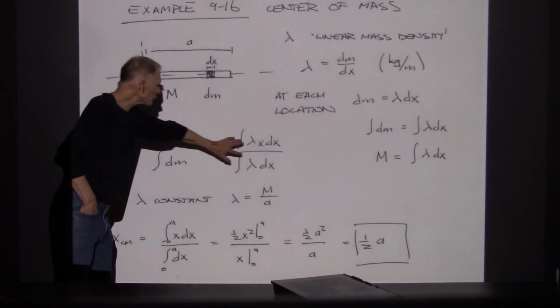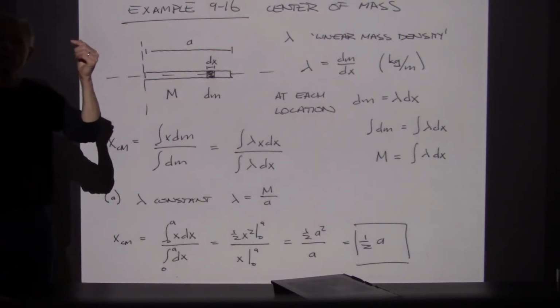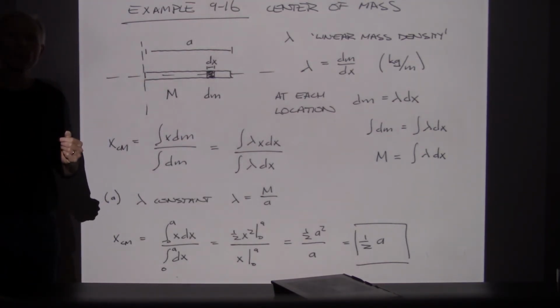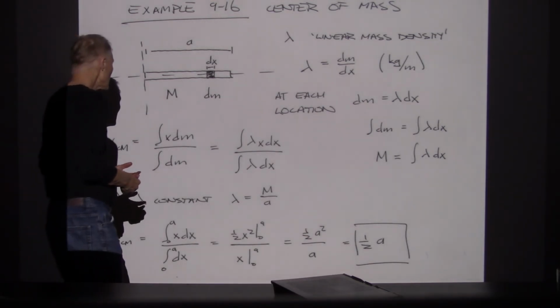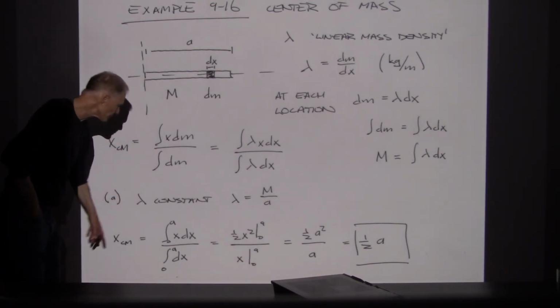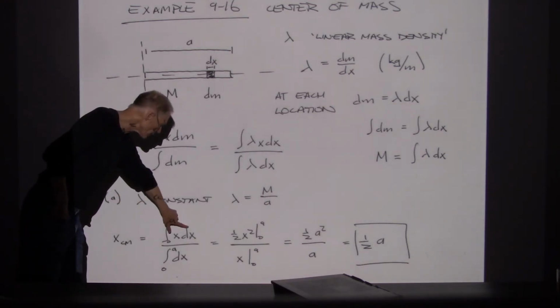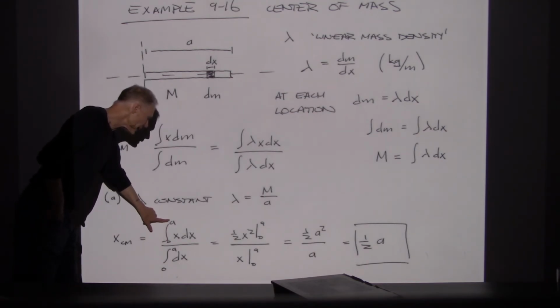Now in the formula we have here, lambda just drops out. There's a factor of lambda on top, there's a factor of lambda below. They're constants, they come outside the integration sign, and they cancel out. So the only thing left in the integration to calculate is x dx on top and dx below, and we're going to integrate from 0 to a.